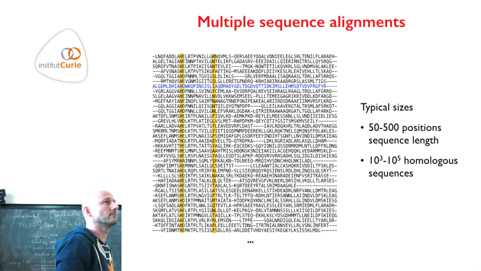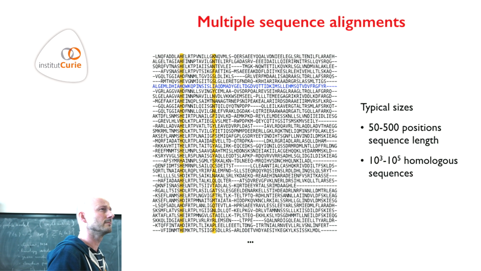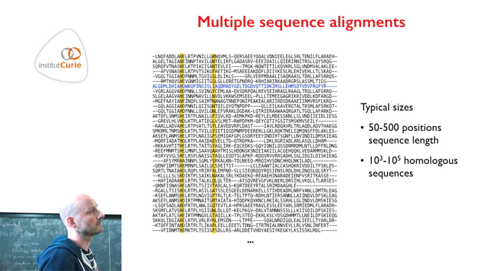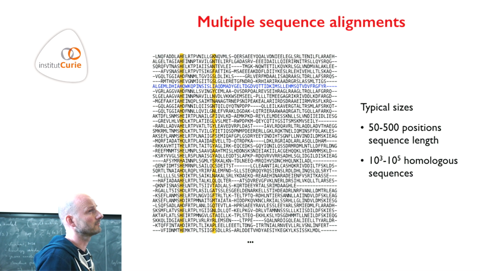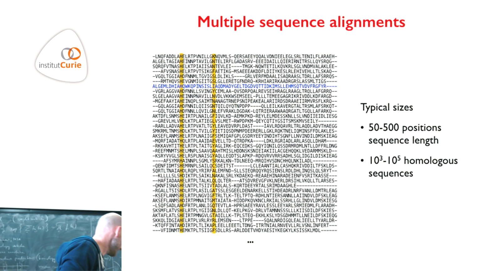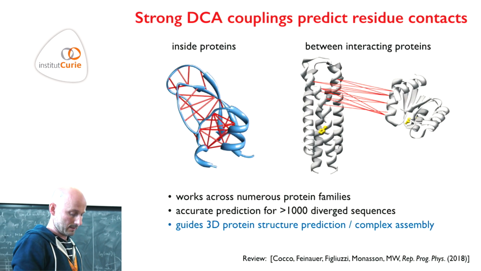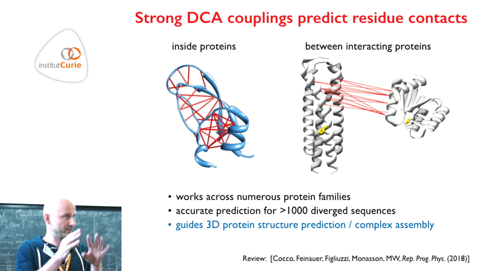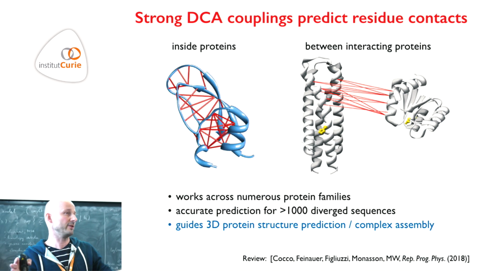Just another question. You plotted here the log of count over the absolute value of J. If you would plot the average value of J over the distance, would this be a monotonically decreasing function, or would you have some sort of scale in this system? Okay, so if you average at a certain distance, it's decreasing.